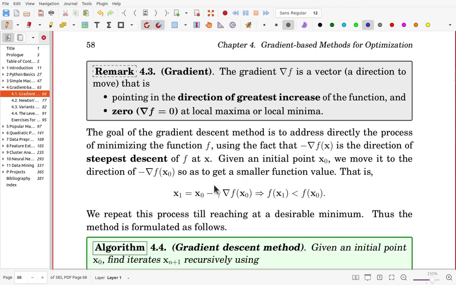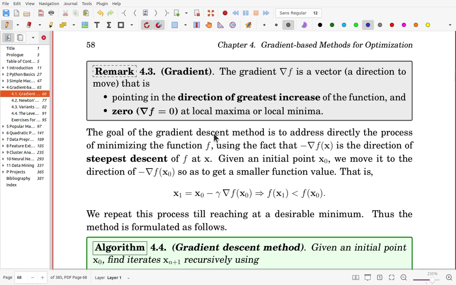Okay, here we have a recall for the gradient. The gradient is a vector pointing in the direction of greatest increase of the function. Also, if the function has a local maximum or local minimum, then at that point, the gradient must be 0.